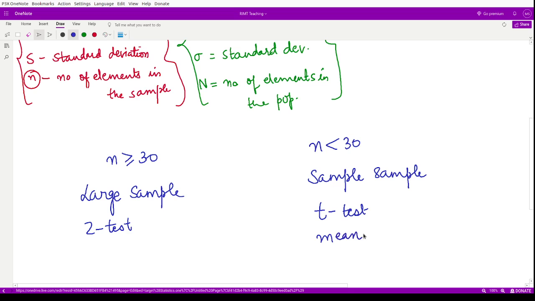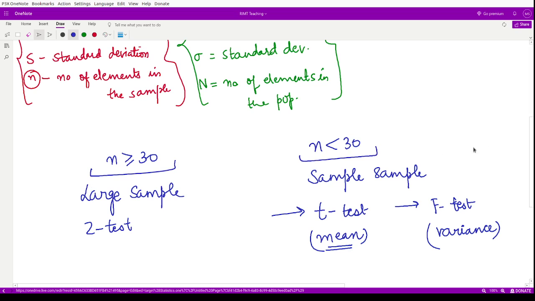If we want to check the means of two samples, or the mean of a sample and the population, we go for the t test. Otherwise we go for the f test, which is used to compare variances. You may compare the variance of two samples, or the variance of a sample and the population. This we have already covered.